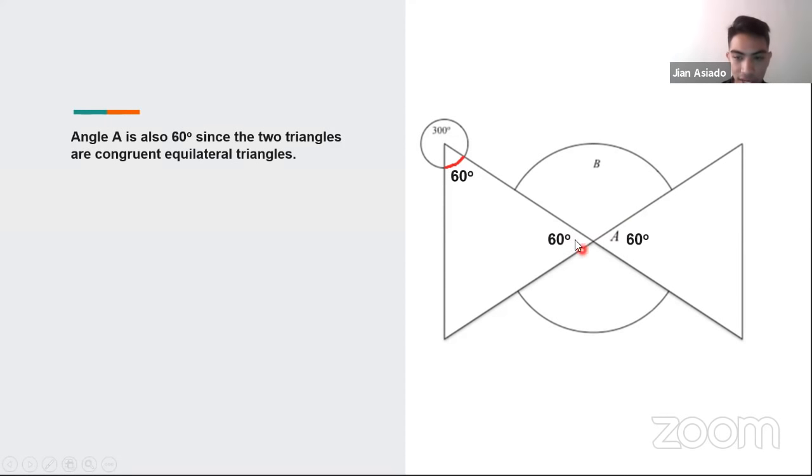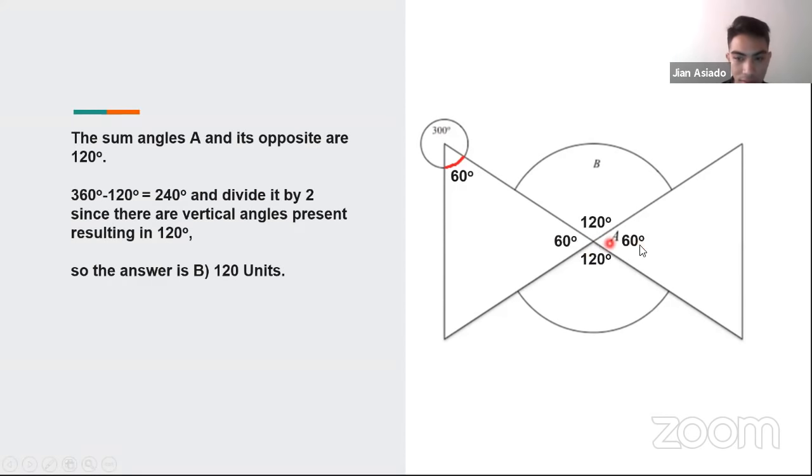And vertical angles naman ito, that's why equal silang dalawa. So therefore, since 360 yung buong circle, para malaman natin yung measurement ni small b, ito si small b.